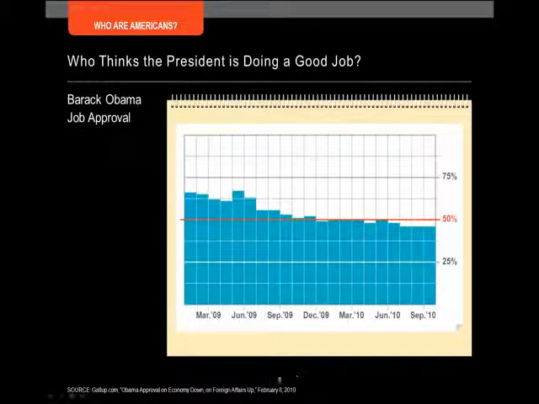And you can see over time, and this is not unusual, from the time they take office, remember the election was in the fall of 2008, so this is beginning in 2009 up until September of 2010, that you start to see a general decline of presidential approval. And you can see the 50% line is where there starts to be concern about presidential approval.